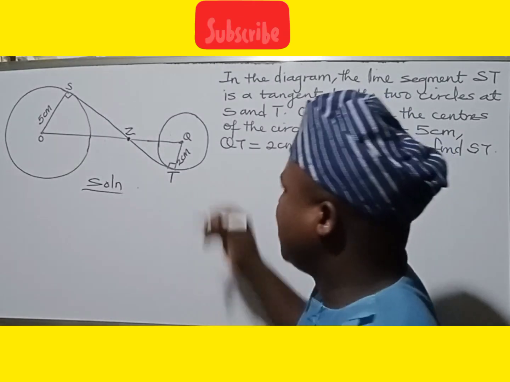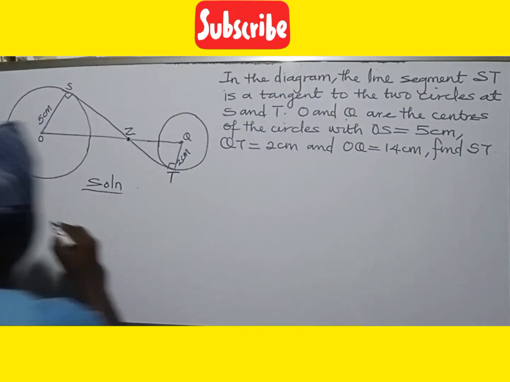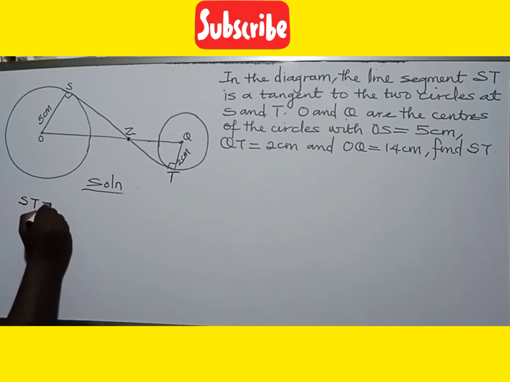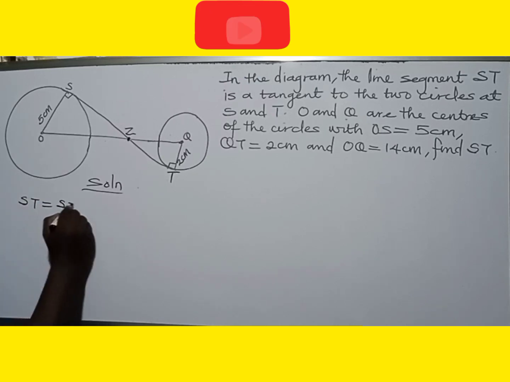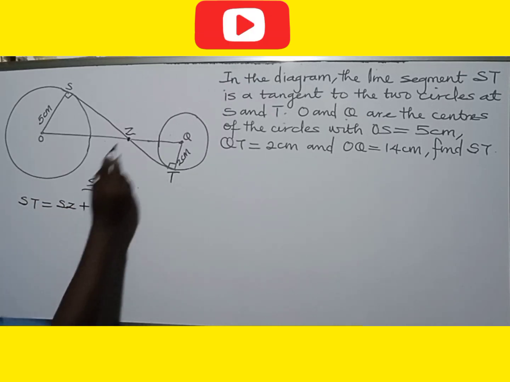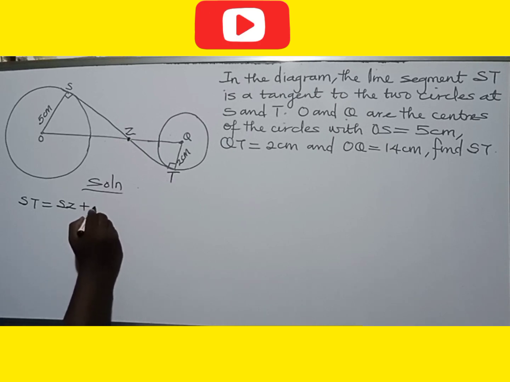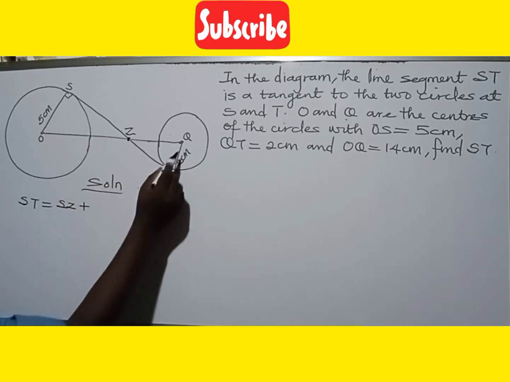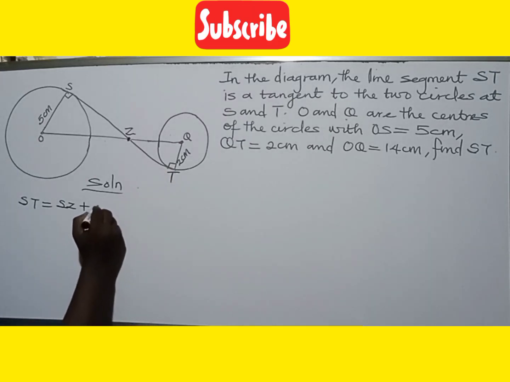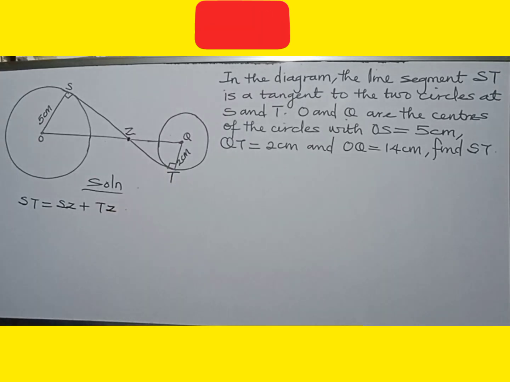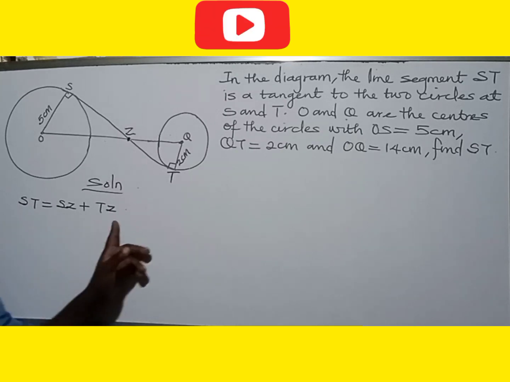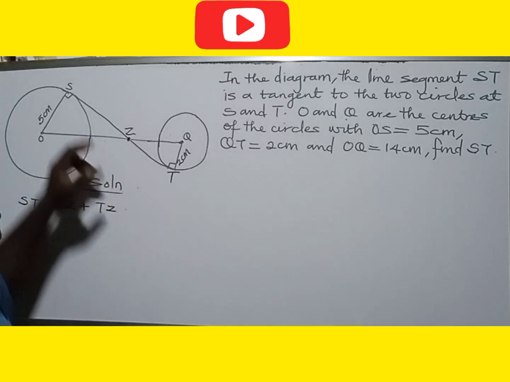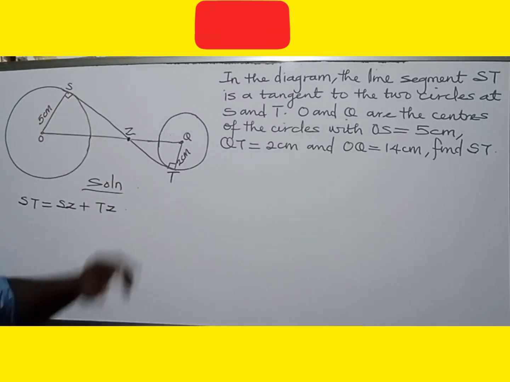So our ST will be equal to SZ plus ZQ, or let's just call it XZ and TZ. This is the formula that we are going to use to get our ST.